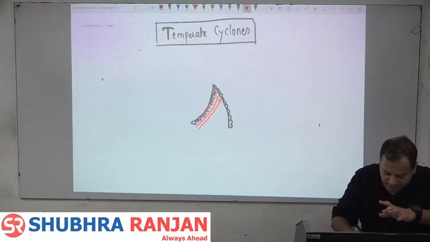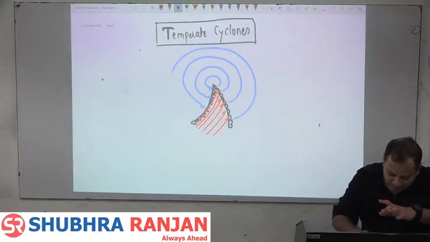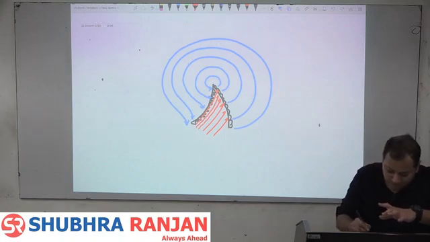This is again a region of warm air. And this warm air that is trapped inside is surrounded by extremely cold air. And as a result of this, any phenomena in which there is a circular motion of the air, we will call that phenomena the temperate cyclones.